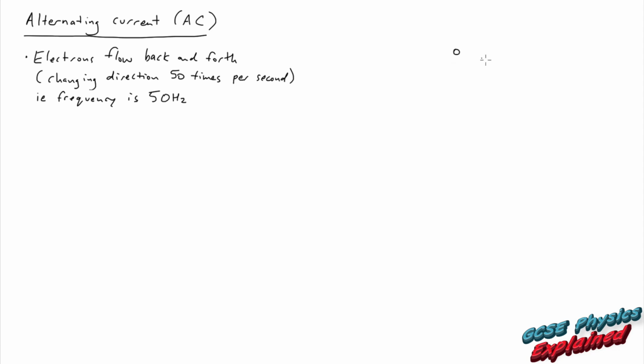Now again, you might be thinking, what does it mean the electrons are flowing backwards and forwards? Right, well, AC comes from the mains. And by that I just mean the main source of electricity in your house, which is the plug in the wall. Now, for 1 split second, the electrons will be flowing, as I've drawn here, in a clockwise direction.